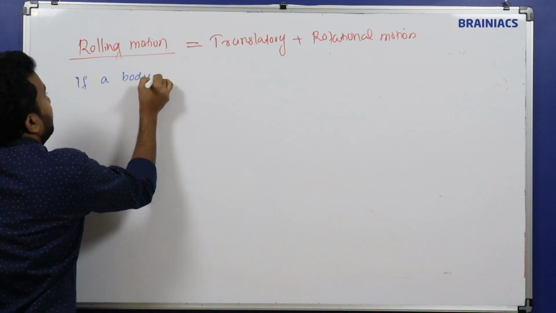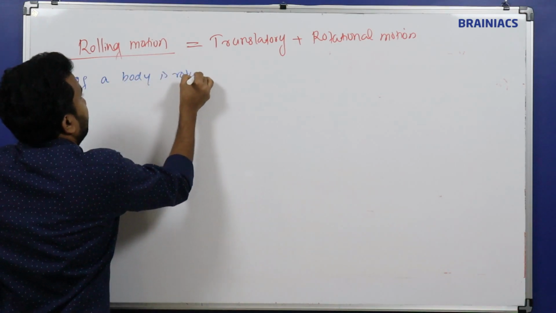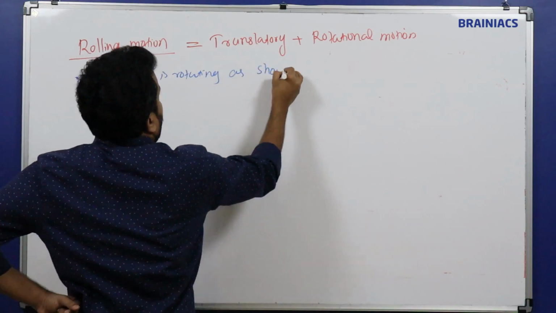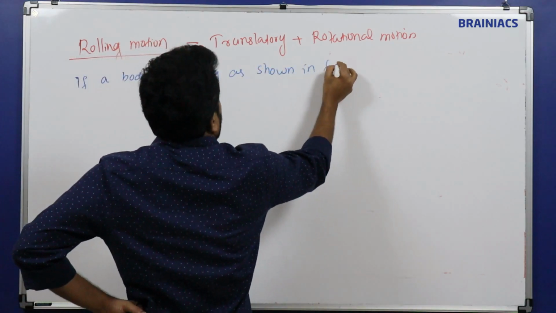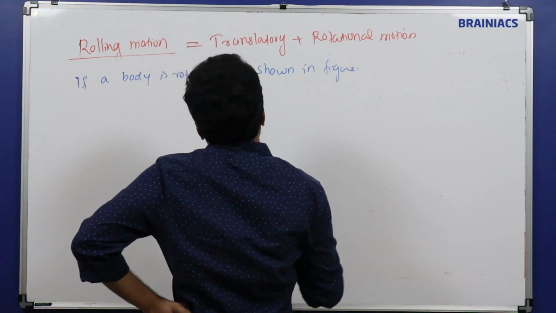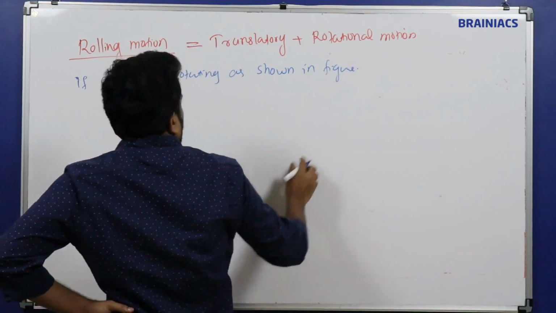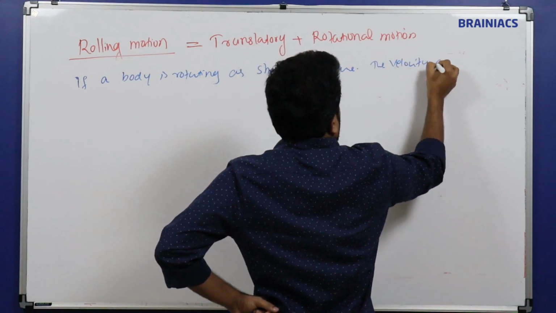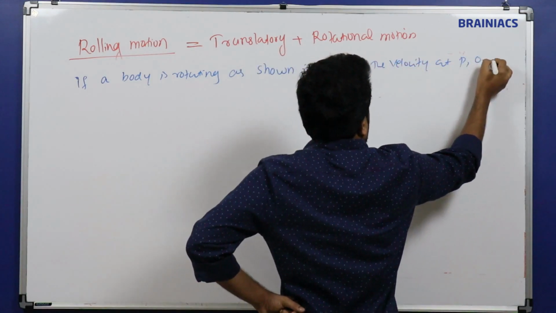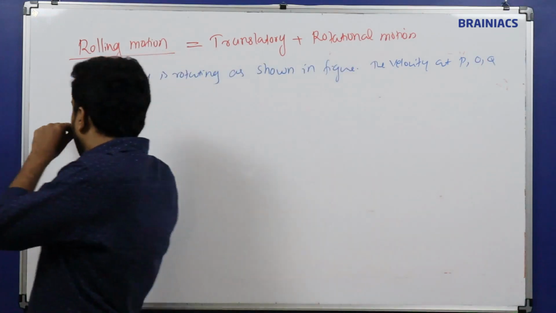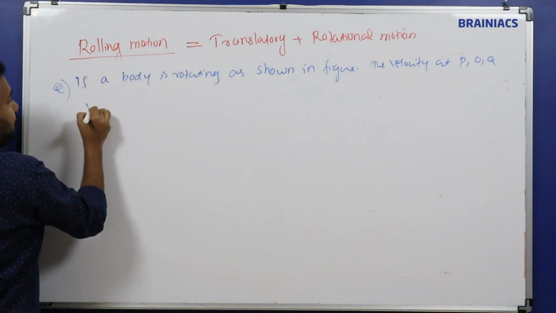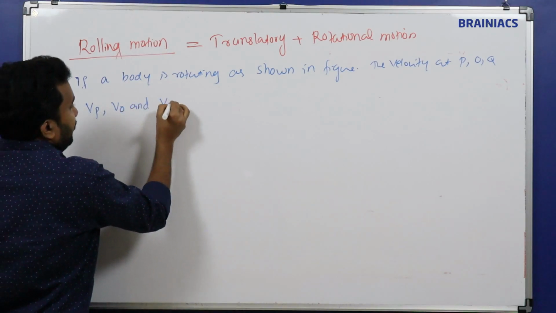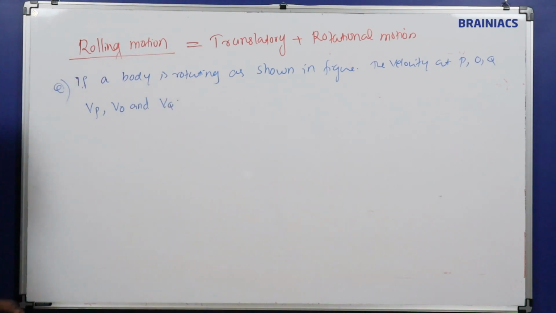If a body is rotating as shown in the figure, the velocities at P, O and Q are VP, VO and VQ.